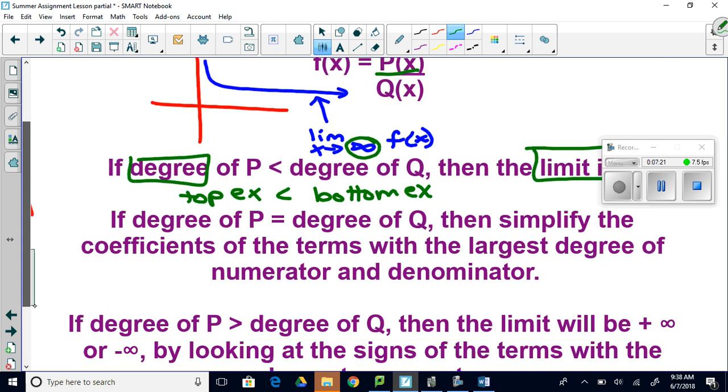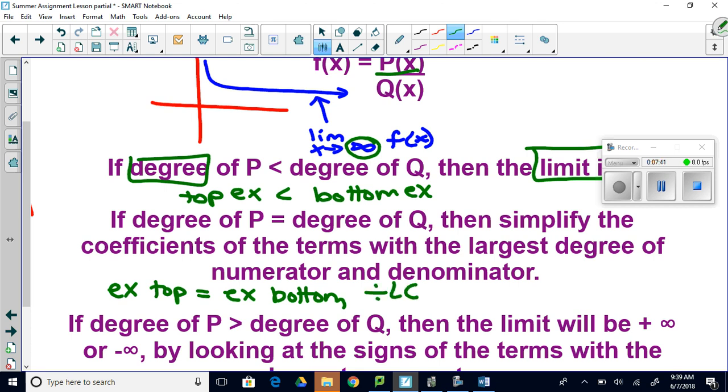If the degree of the top equals the degree of the bottom, so if the biggest exponent on top equals the biggest exponent on the bottom, then you're going to simplify the coefficients with the largest degree of the numerator and denominator, aka you're going to divide the leading coefficients.